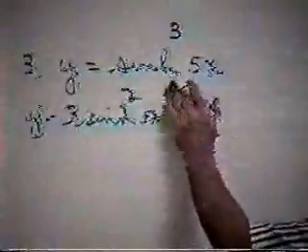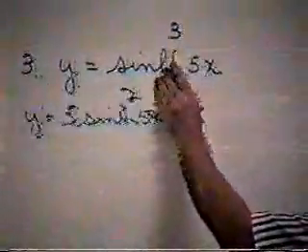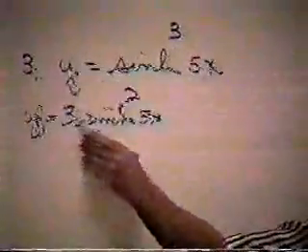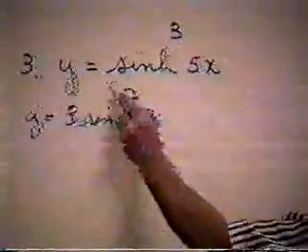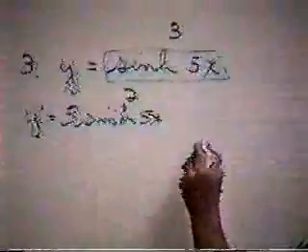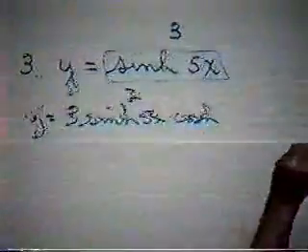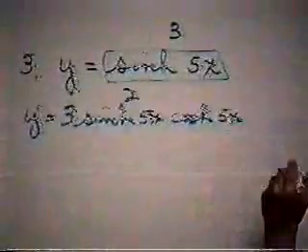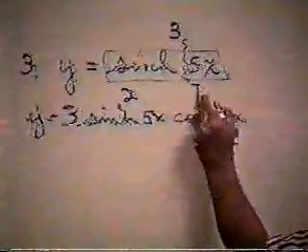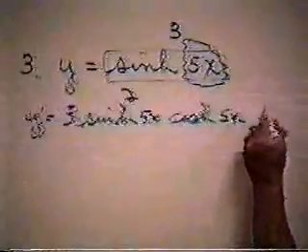Power rule the sine first. Quit looking at the hyperbolic sine and look at the power rule. So it's 3 hyperbolic sine squared, and then you look at the derivative of the hyperbolic function, which is hyperbolic cosine. And then you look at the angle, or the object out here, times 5.